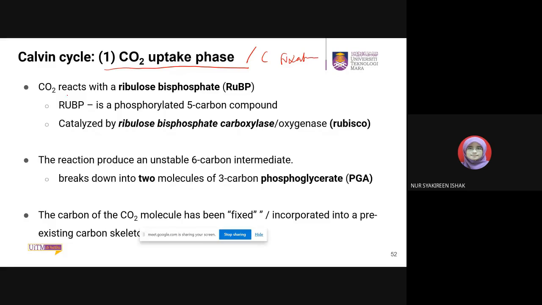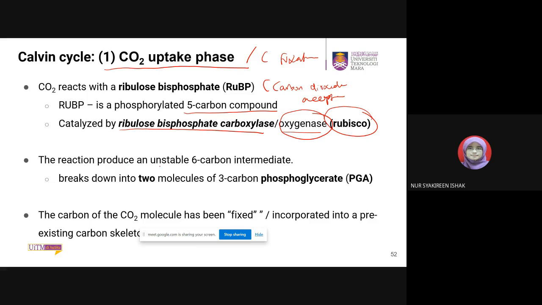So the first phase, carbon dioxide uptake ataupun carbon fixation phase. Carbon dioxide reacts with RuBP. RuBP is a 5-carbon compound. Dia bertindak sebagai carbon dioxide acceptor. The reaction that combines carbon dioxide dengan RuBP is catalyzed by the enzyme ribulose bisphosphate carboxylase ataupun ribulose bisphosphate oxygenase ataupun Rubisco. Nama pendek dia adalah Rubisco. Nanti kita tengok kenapa nama dia ada oxygenase.